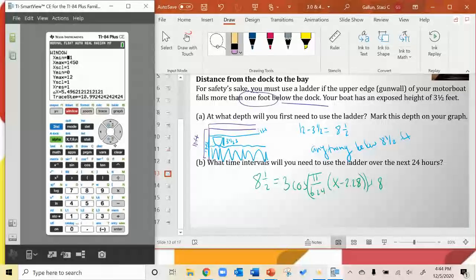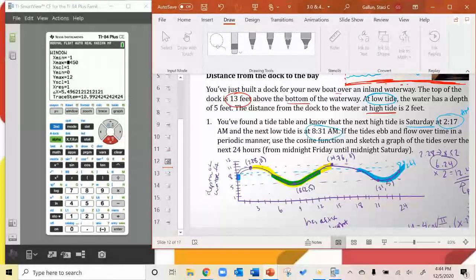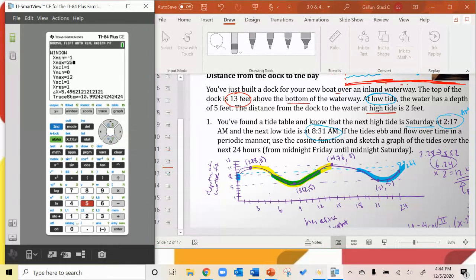Let's see, what's my window? Did I already do this? I'm going to go from -1. The x maximum, I'm going to go to like 25 so I can see this full day. And then I'll make it go from 0 to 13. Let's graph it. Woo.